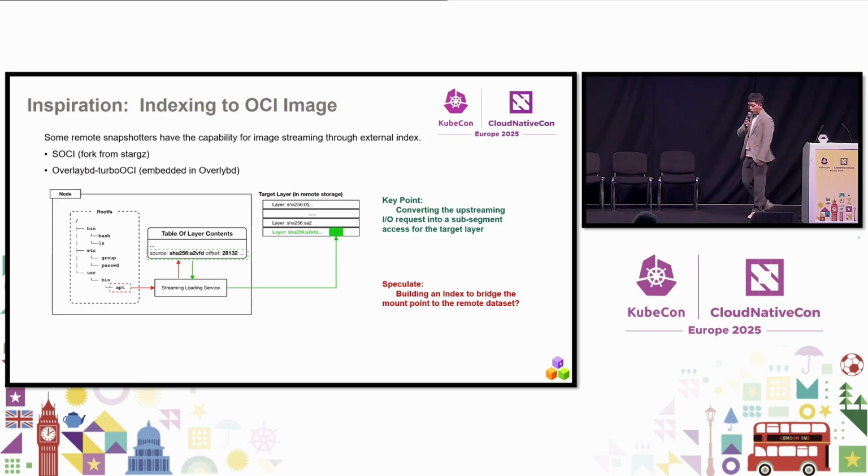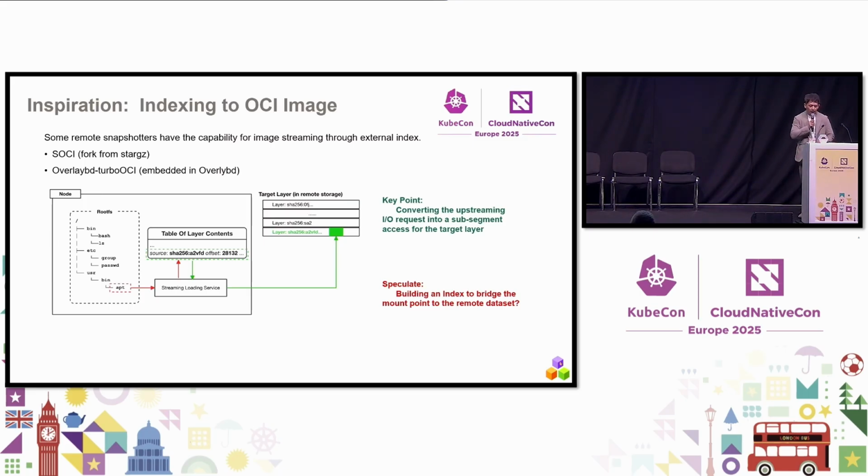The core of these solutions is that they can package an index file of the image layer content and their own metadata by hooking the I/O request at the file system level or block level. Combined with the image index, they can find the corresponding data for the remote image.